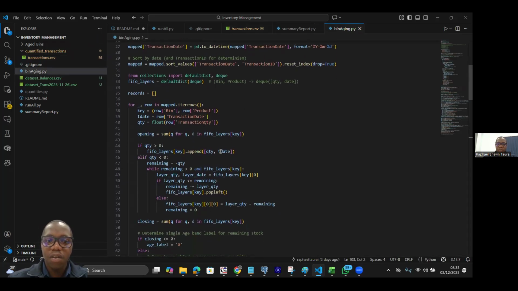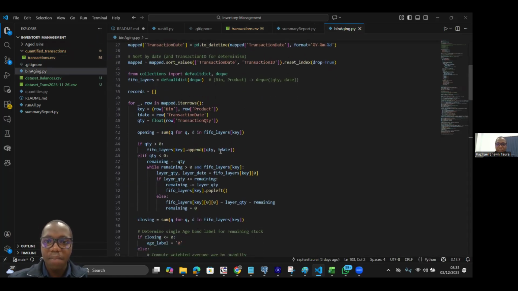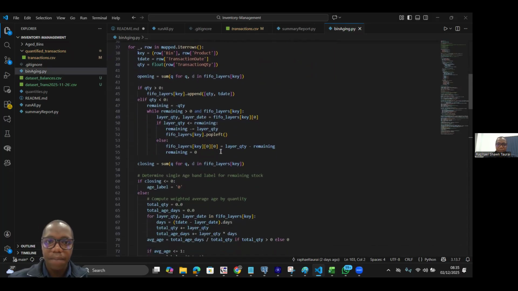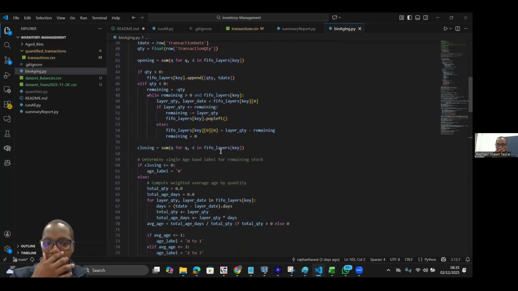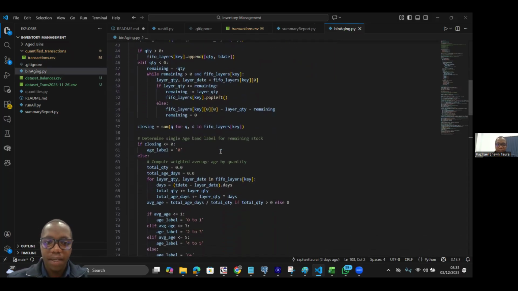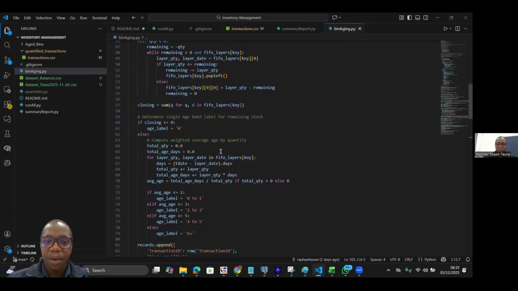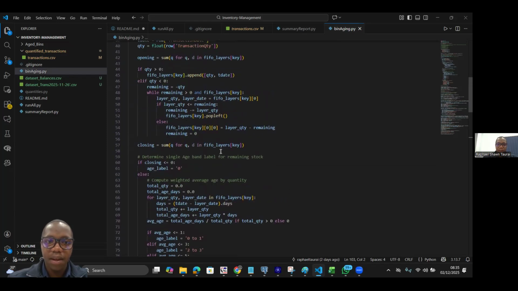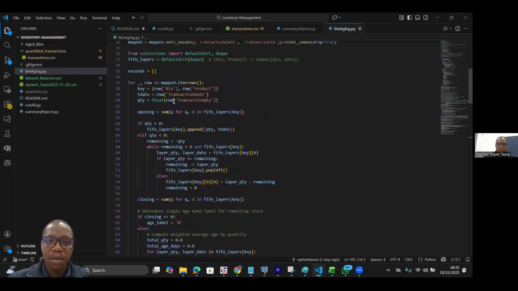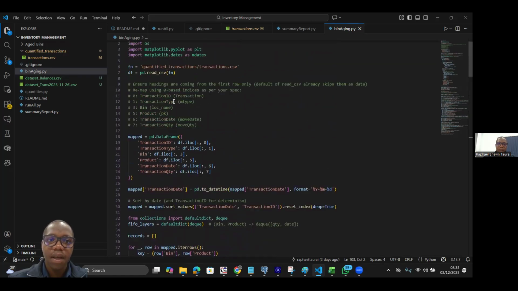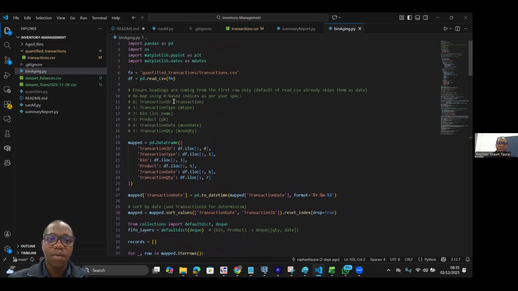Now this script is going to transact each and every single transaction by date. As it transacts by date, we have our age labels there, and then there are a number of variables that were initialized, a good number of functions that we used. And to do this, I used Pandas, Matplotlib, and also dates. Right.